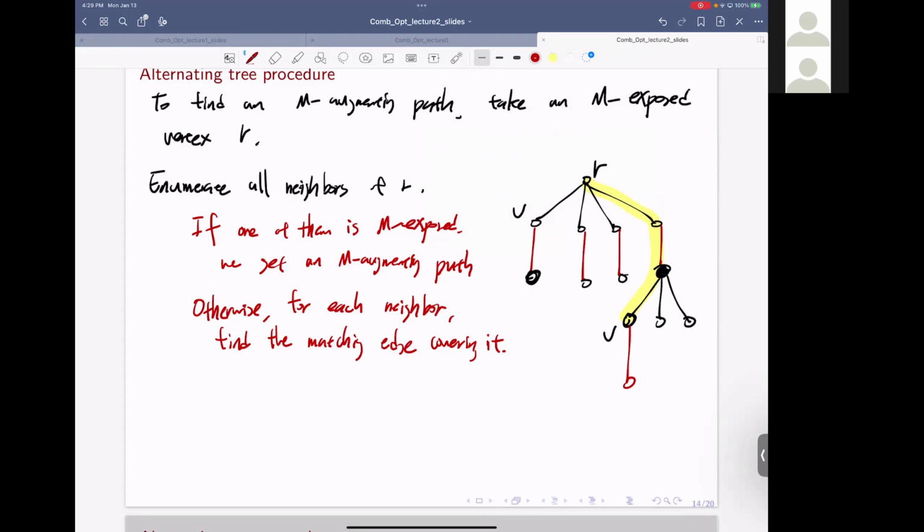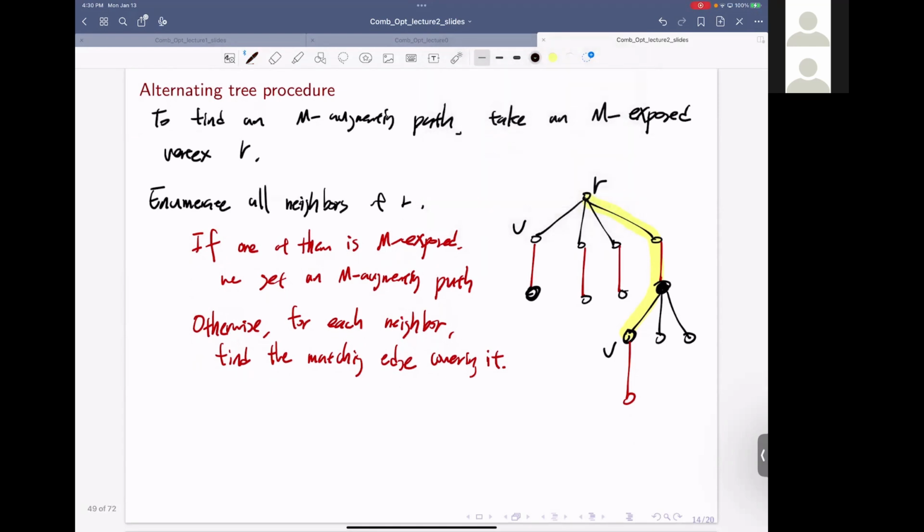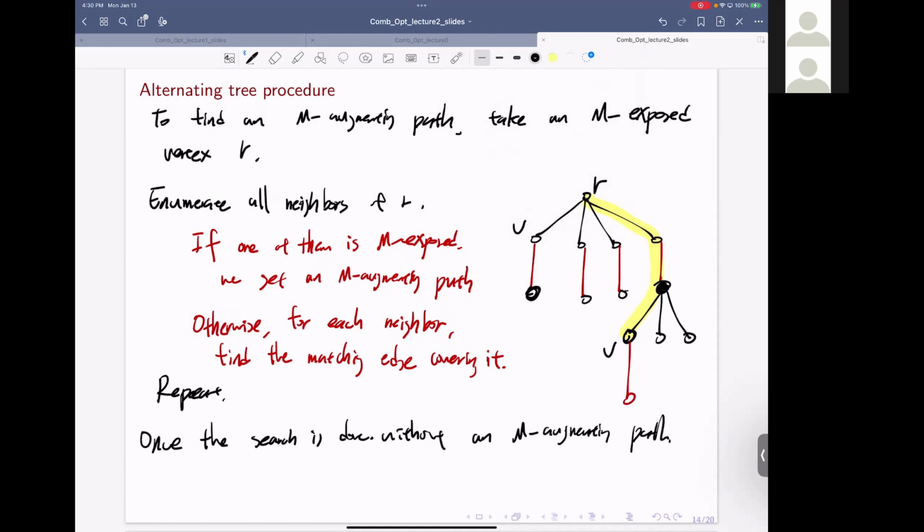Any question? So once you are done, once the search is done without an M augmenting path, we can argue that there's no augmenting path from R. And to prove that we need to use the fact that the graph is bipartite.